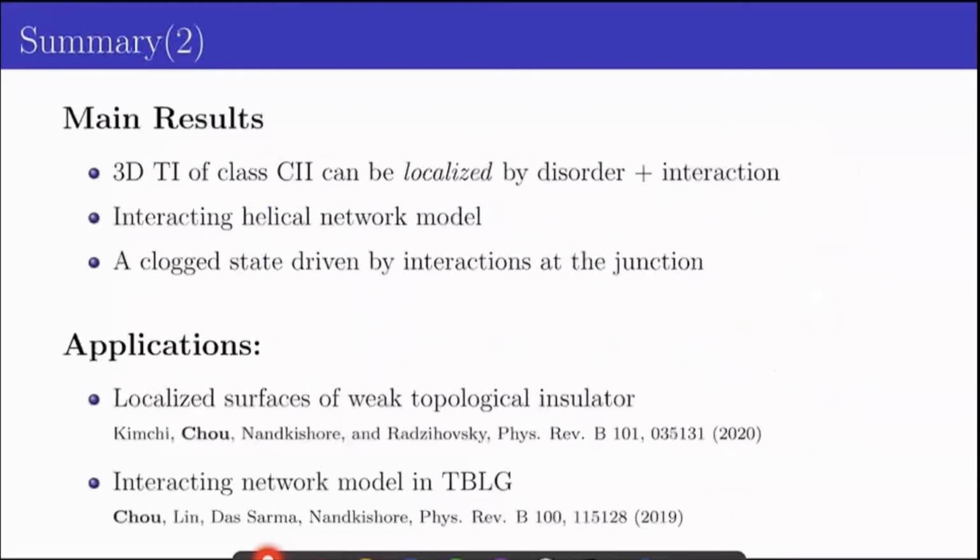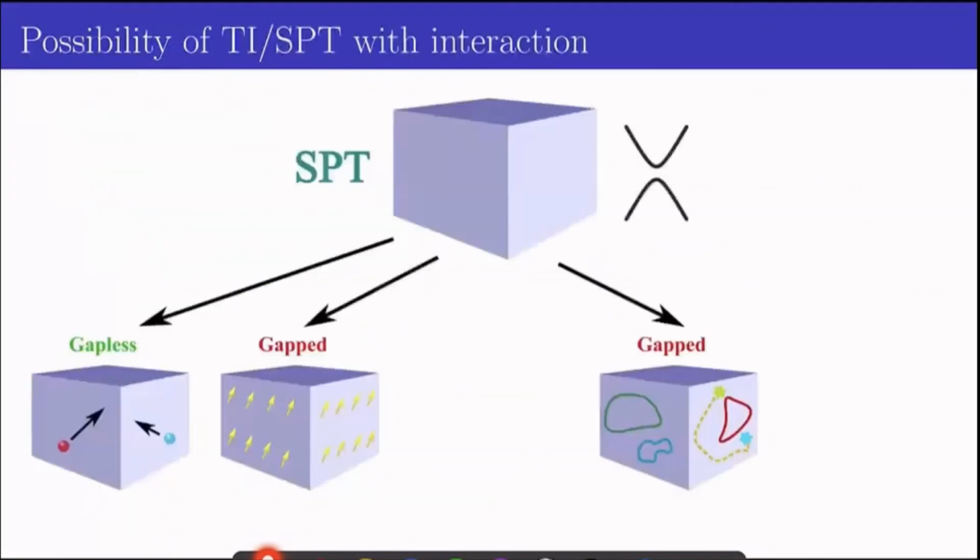So here is a summary of the second part. I want to emphasize that the interacting helical network model and the possibility of realizing the clock state can be applied to weak topological insulators and possibly twisted bilayer graphene with a tiny angle. In the beginning of my talk, I showed you that topological insulators with interaction have three possibilities.